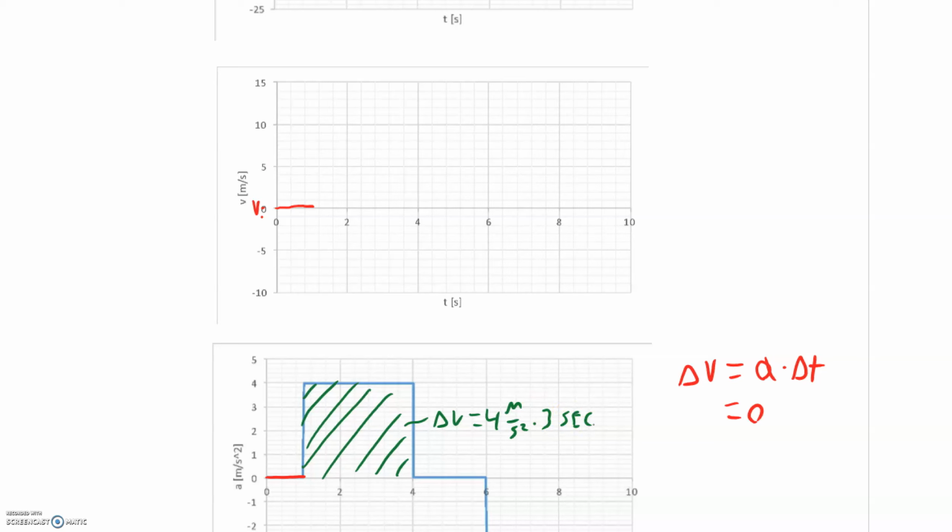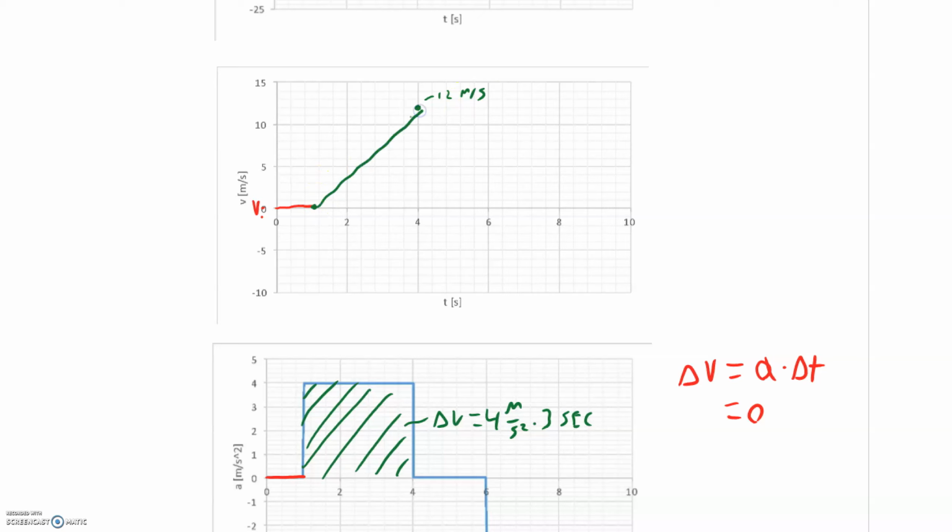So I should end up at 12 meters per second. So I should go from this point here at 0 up to 12 meters per second. And that's just going to be a straight line.